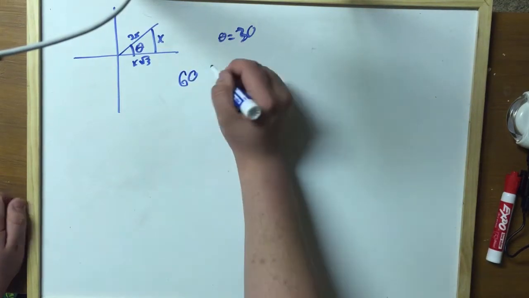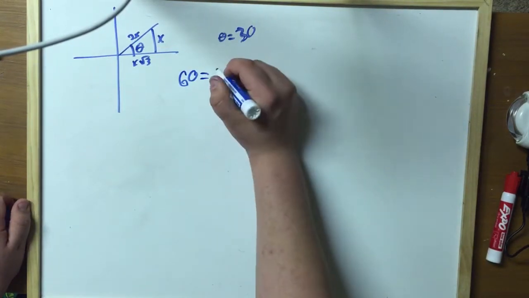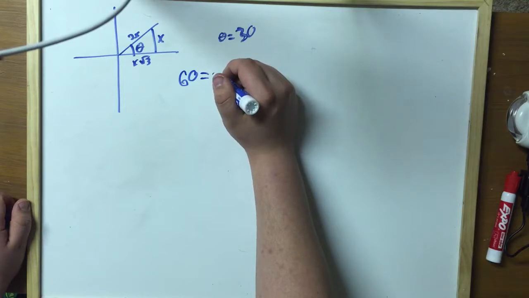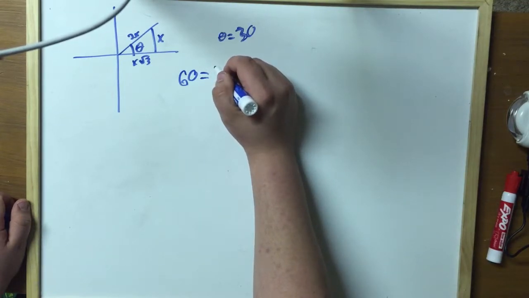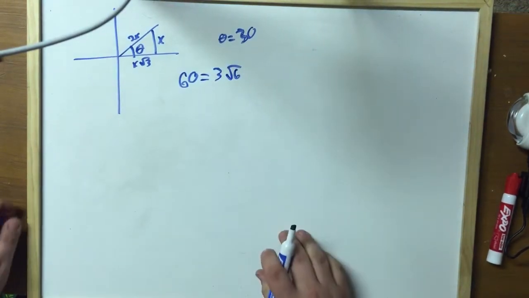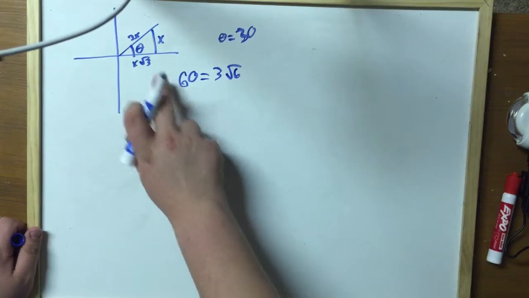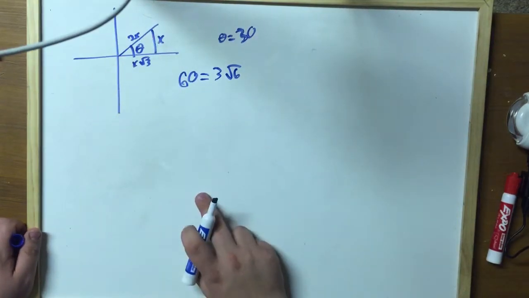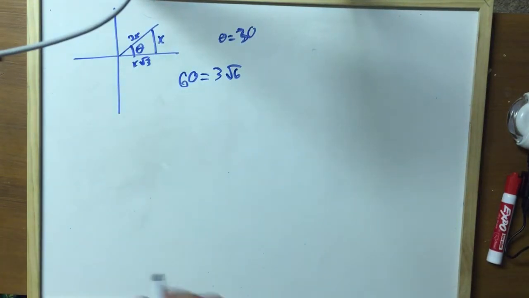So we're going to have the 60 side equal to 3 square roots of 6. I want you to say that the side opposite the 60 is equal to that. Take a moment now, stop the video, and try to figure out what the x value is.